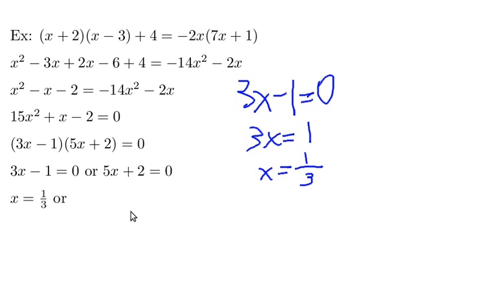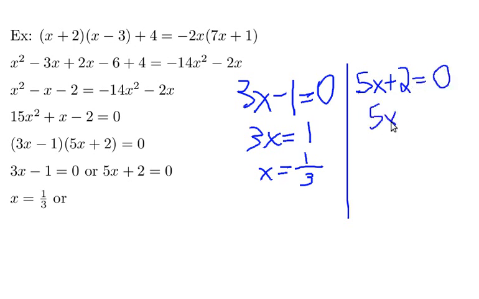Or, and then we'll put a divider here, 5x plus 2 equals 0. So 5x equals negative 2, or x equals negative 2 over 5. So the next solution is x equals negative 2 over 5.